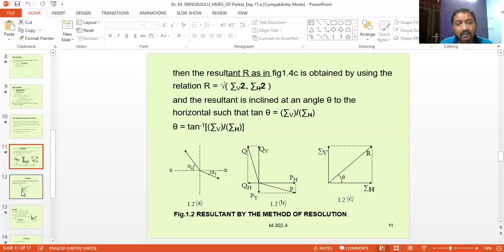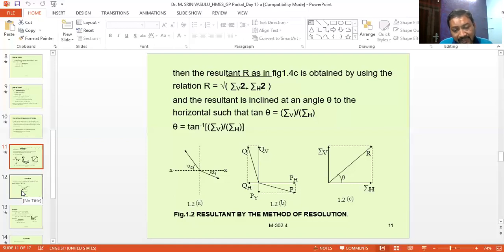Then if any force, that is the vertical component of the force, acts in the positive y direction, that is upwards, it is taken to be positive.